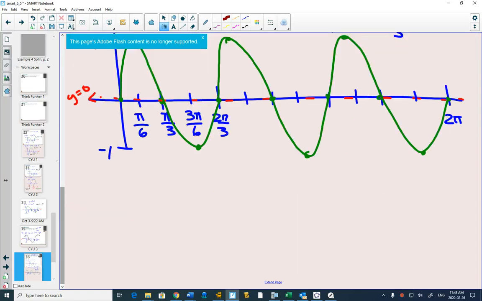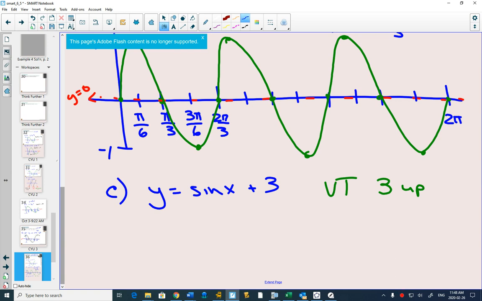And finally, part C. This is our first question with a D value, something at the end. This is a vertical translation, 3 units up. This is the only thing that affects your sinusoidal axis.